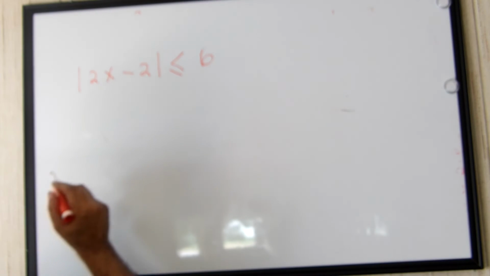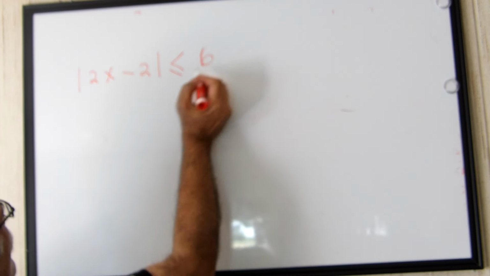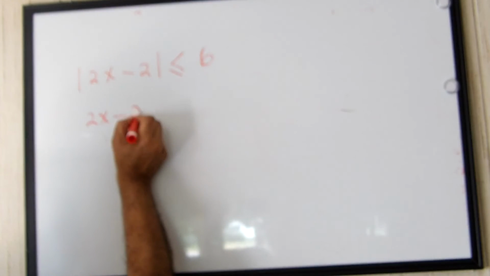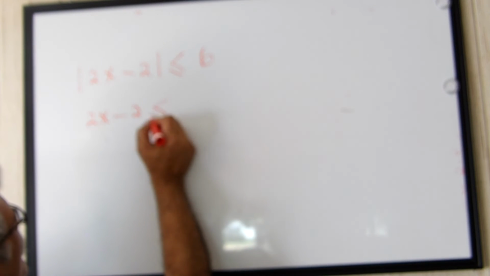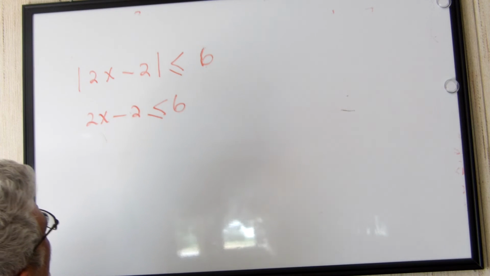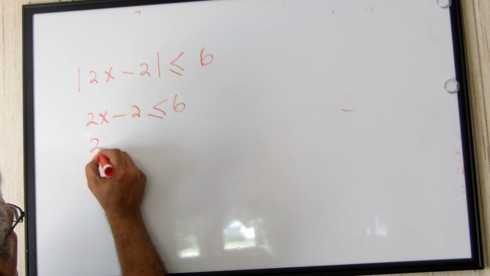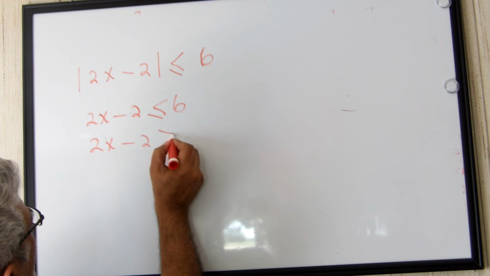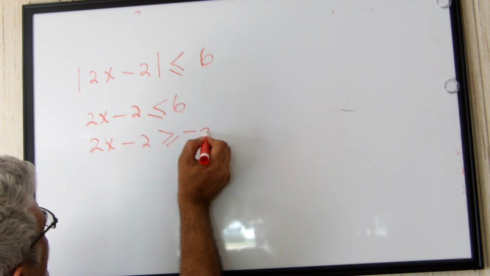So what we do, we can write this one: 2x minus 2 is less than or equal to 6, and 2x minus 2 is larger than or equal to minus 6.